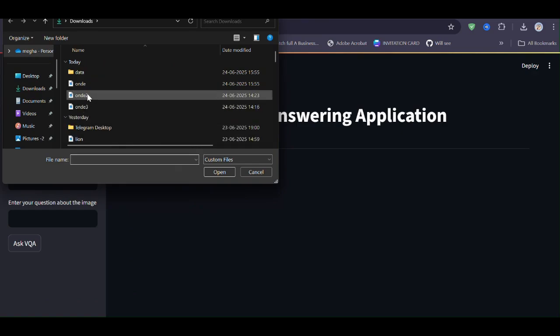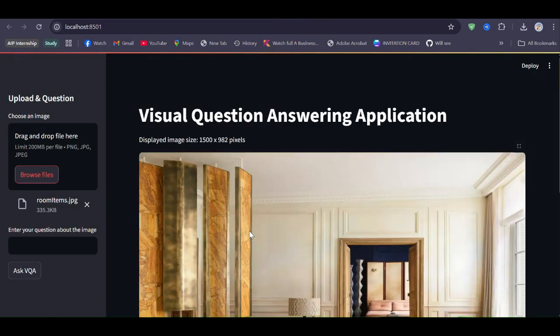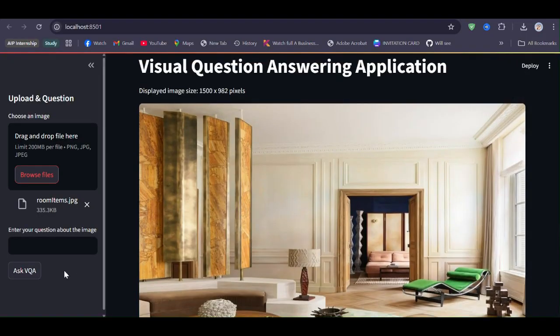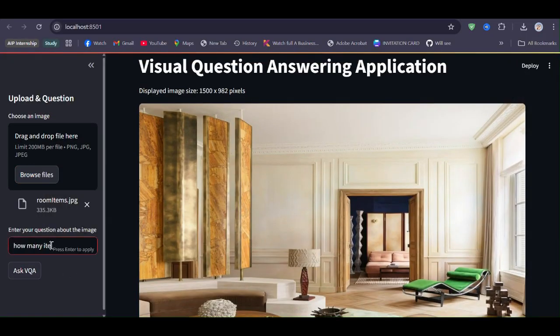So let's now click on the picture. You can see there is the preview of this picture right here. Now let us ask the question. The question you can ask right now is, how many elements are there in the room, and name them. Upon entering, it will take some time processing.